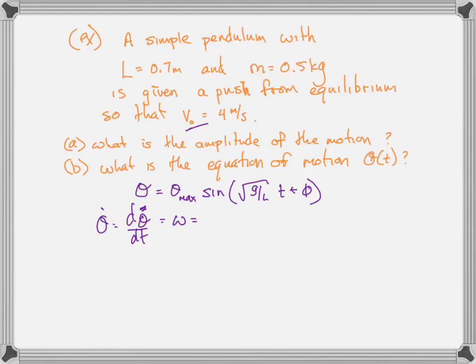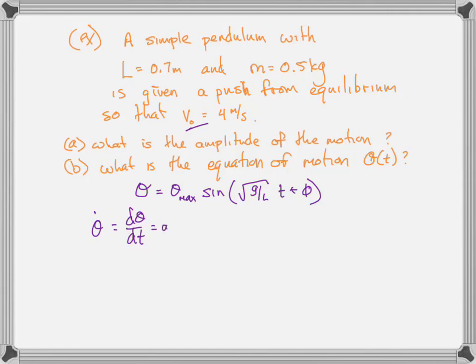Careful, angular velocity is different than angular frequency. Let's not use omega here because that's just going to confuse somebody. Let's just say d theta dt is the angular velocity.